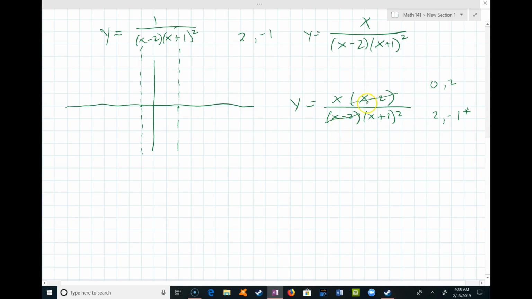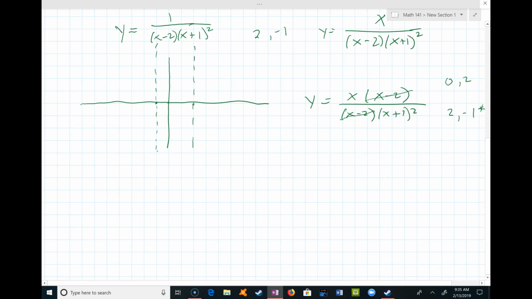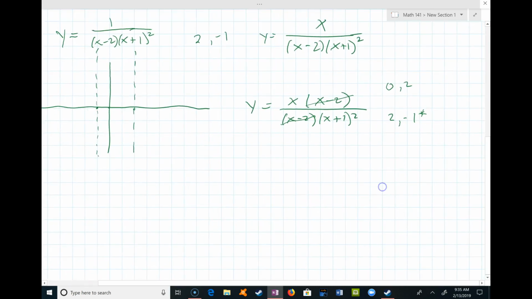If I plug a 4 in for x, I get 2 over 2. If I plug a 5 in for x, I get 3 over 3. So it would cancel out because it's 1 everywhere except at 2. When I plug in a 2 for x, I get 0 over 0, which cannot cancel out. 0 over 0 is not equal to 1. So there's something funky going on when x equals 2.